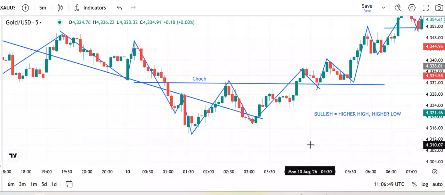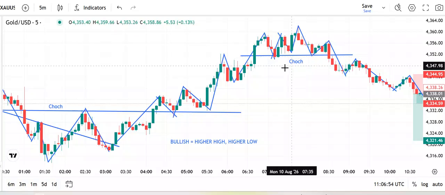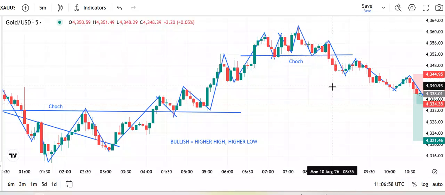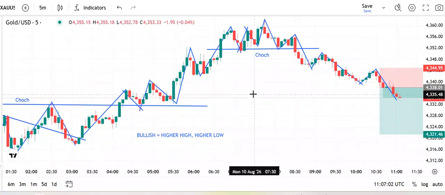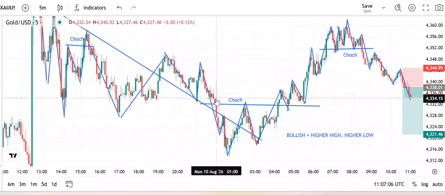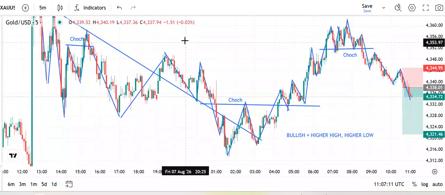Failure would have happened around here, but it didn't happen. Here failure would have been uptrend, price gives down, then continues uptrend, but there's no failure and price starts to go down. Okay, but the essence of this video is you first of all identify the range breakout.